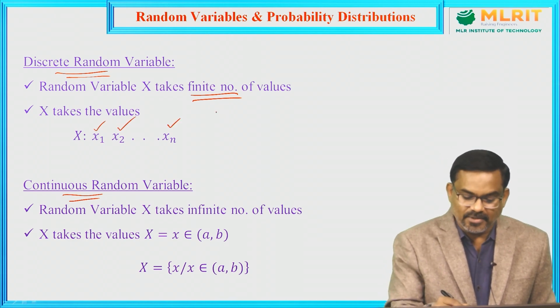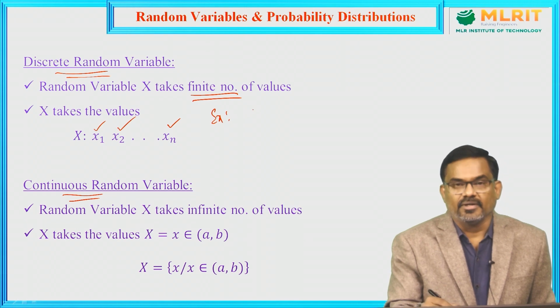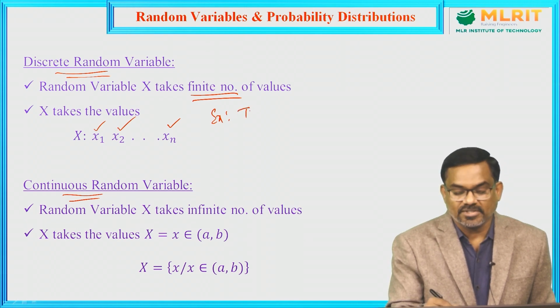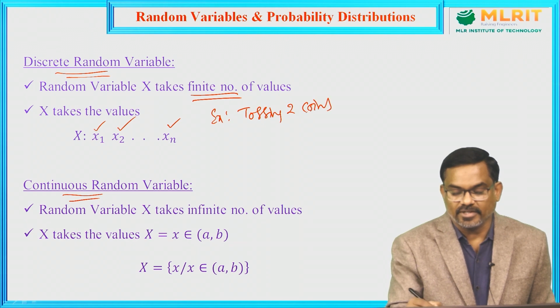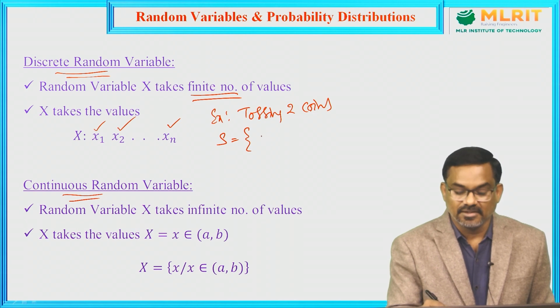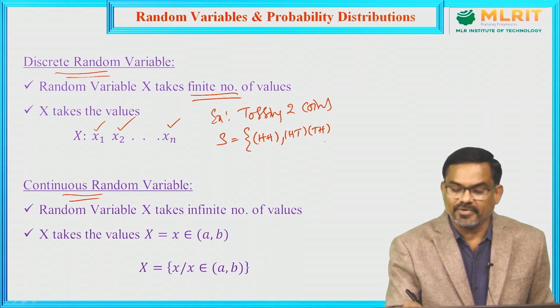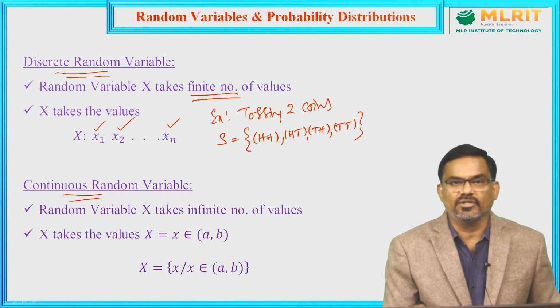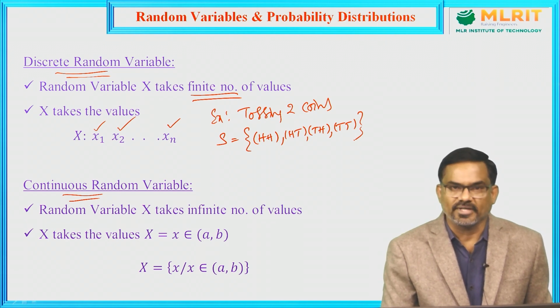So, for example, if you consider the experiment of tossing two coins, then the sample space S contains both heads, or one head and one tail, which happens in two different ways, and both tails.